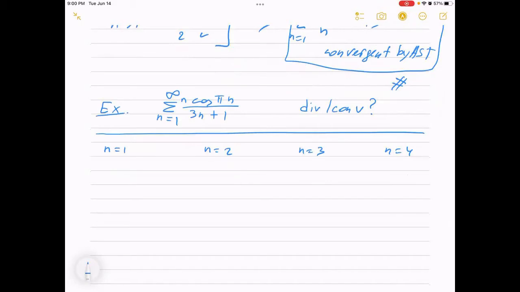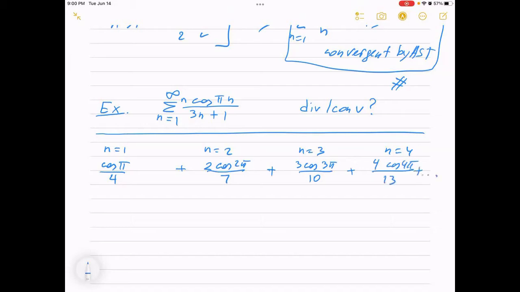When n equals 1, we get cosine pi divided by 4. When n equals 2, 2 cosine of 2 pi divided by 7. n equals 3, 3 cosine of 3 pi divided by 10. n equals 4, we get 4 cosine of 4 pi divided by 13, plus and so on.